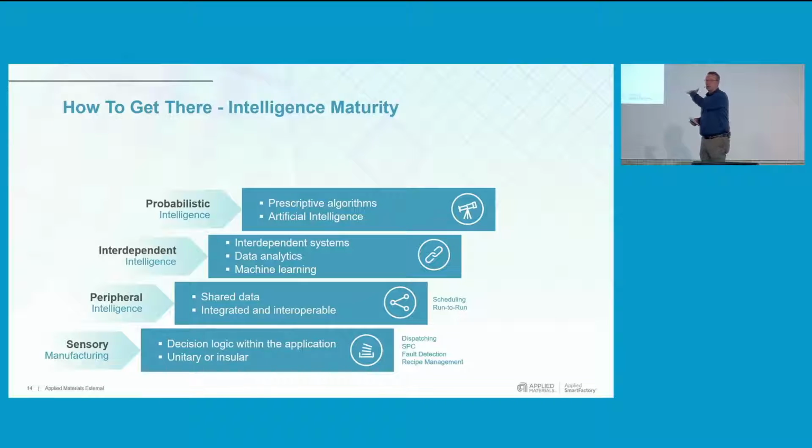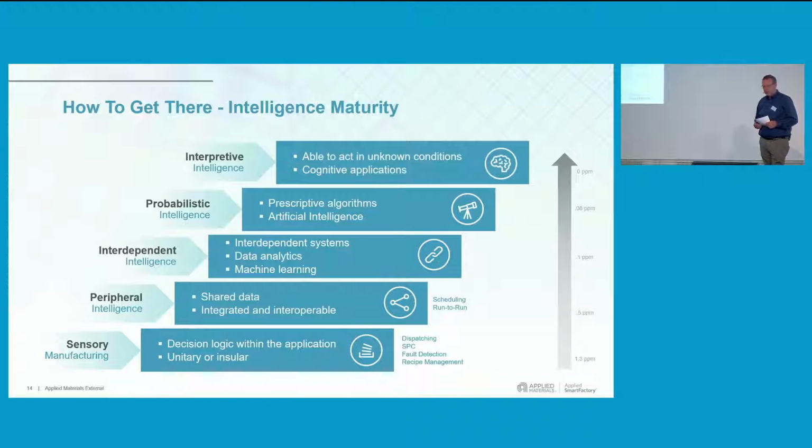This is taking the learning that we had and having the applications to do things like AI and make those kind of decisions that we spoke of a moment ago. And lastly, we call interpretive intelligence. This is about having full cognitive capability. And again, whether we ever get there or not, I don't know. We're still trying to struggle moving up the lower to mid areas in most of our manufacturing right now.